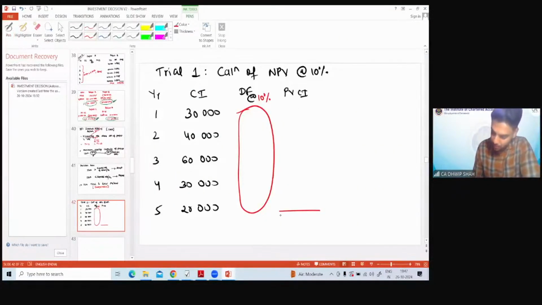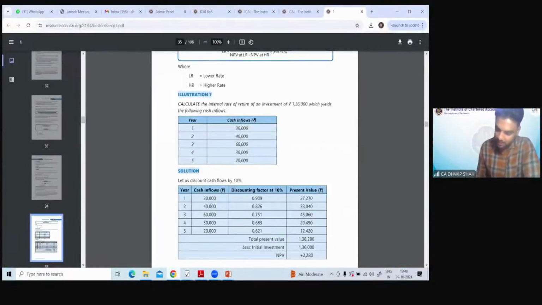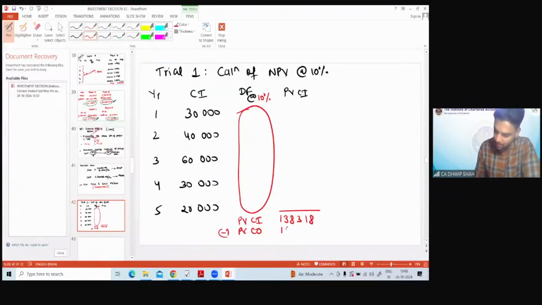My PVCI comes to 138,318. You can complete this table at home. So this is my PVCI less PVCO. PVCO is how much? 1,36,000. So can I say my NPV comes to positive 2318?